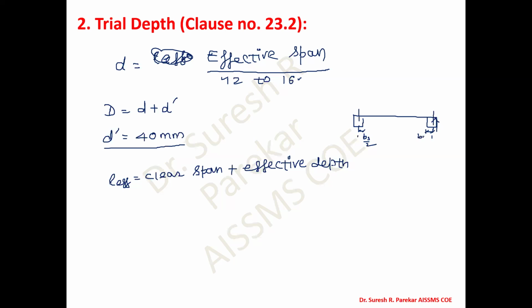This value generally we have as 230 mm, and this effective depth is always greater than 230 mm, and therefore in most cases this criterion is not satisfied. Sorry, this criterion is not satisfied, and the lesser value we have is this only. So in most beam problems, the center to center distance will be your L effective.